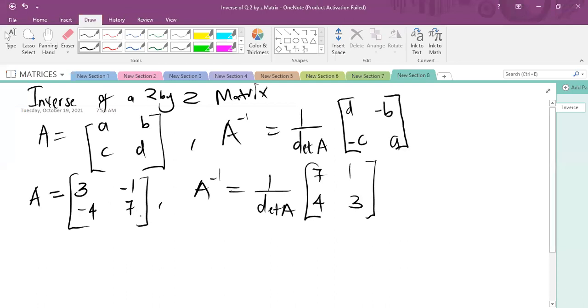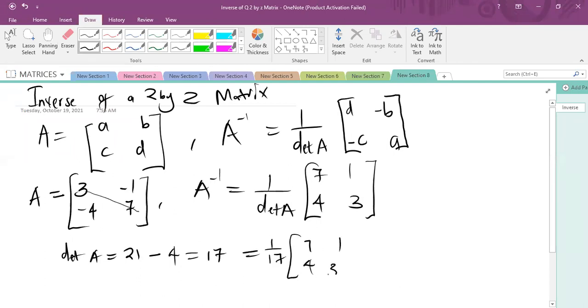So what's the determinant of this? The determinant of A will be equal to multiplying the main diagonal, that is 21, minus multiplying this, that is 4. So what does that give? That will give us 17. So what's the answer for the inverse? 1 over the determinant, that is 1 over 17 multiplied by [7, 1; 4, 3].